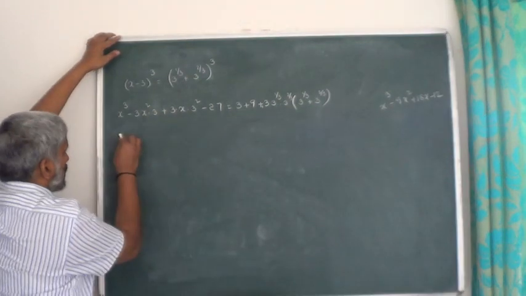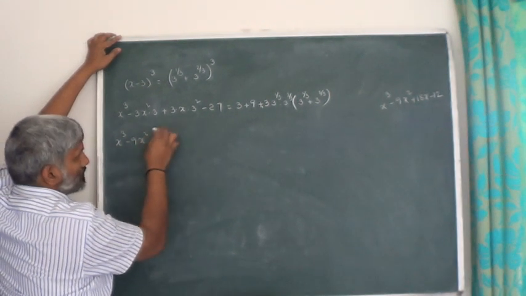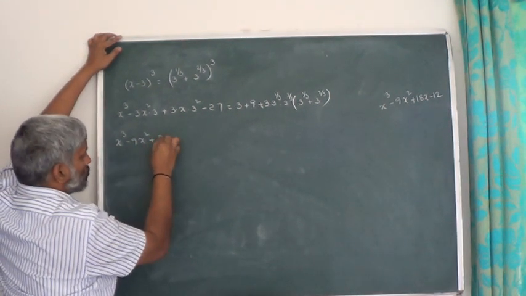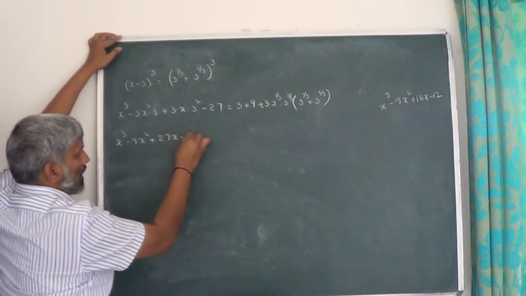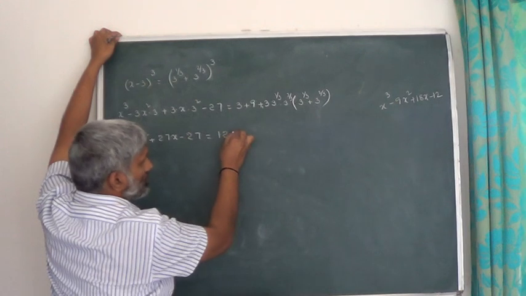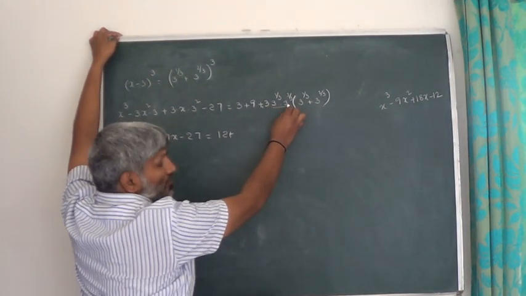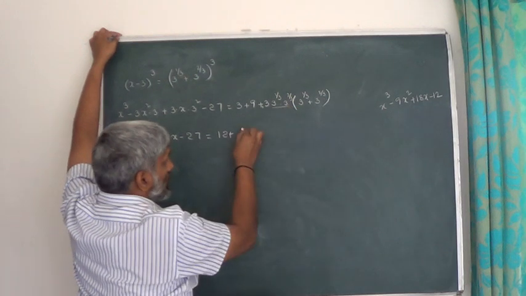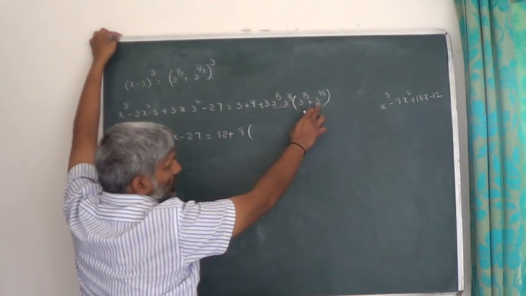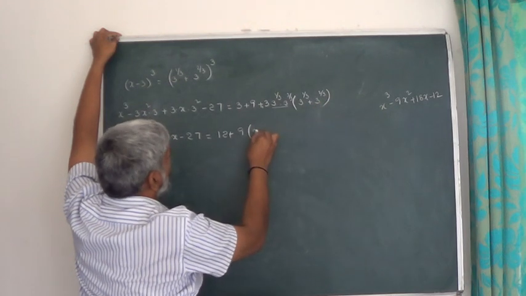Now we can do the simplification. x cube minus 9x square plus 27x minus 27 is equal to 3 plus 9 is 12 plus, what about this simplification? Bases are same, powers we can add, so 3 into 3 is 9. 9 into, what about this value? That value is nothing but x minus 3.